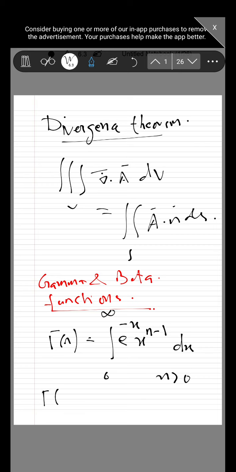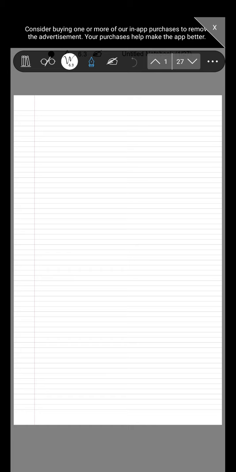And one of the identities of the gamma function is gamma n plus 1 is equal to n gamma n. If this continues, it will lead to n factorial.